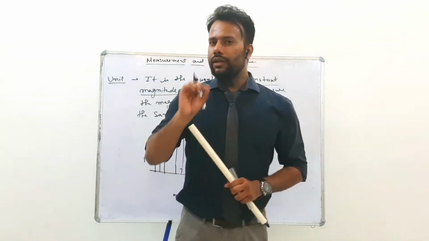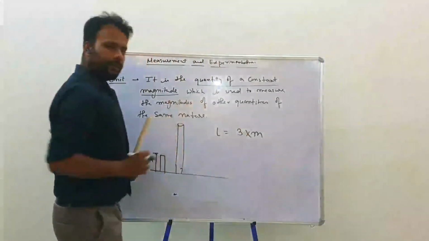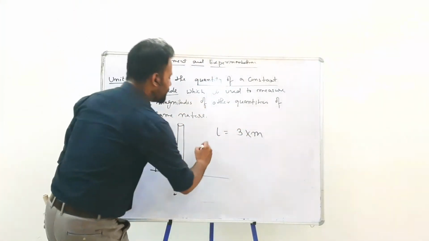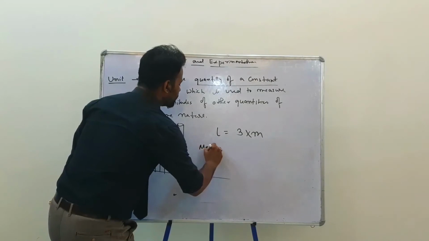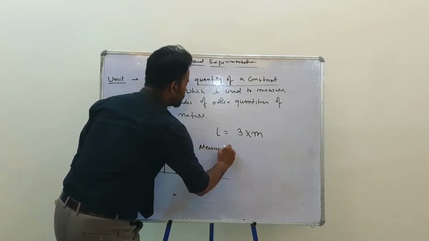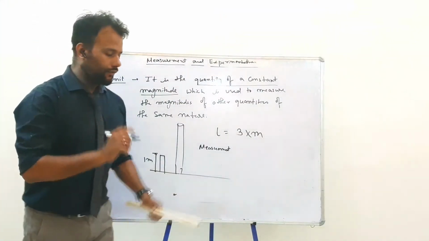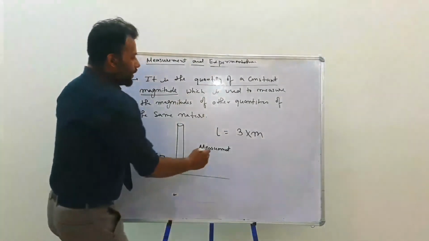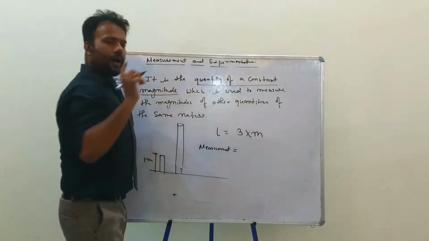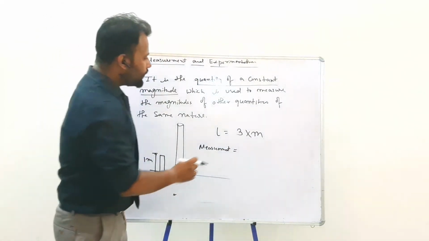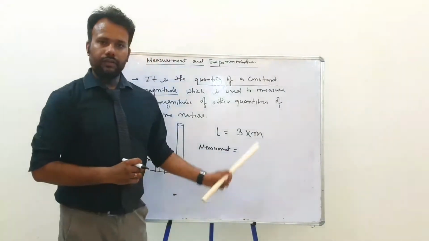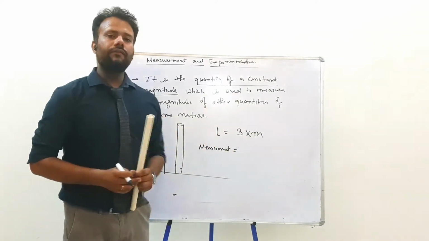Now a very important thing comes here. I have taken the measurement of length, right? A measurement comes in 2 parts. First we have a number here, that is 3, and second we have the unit.